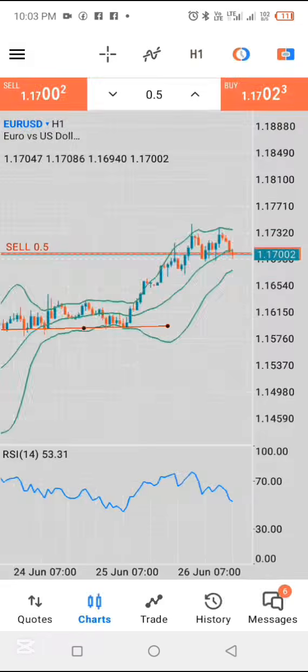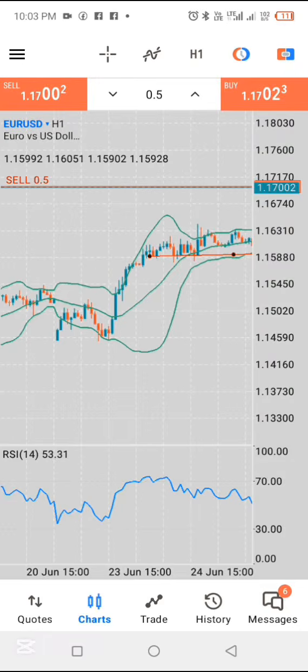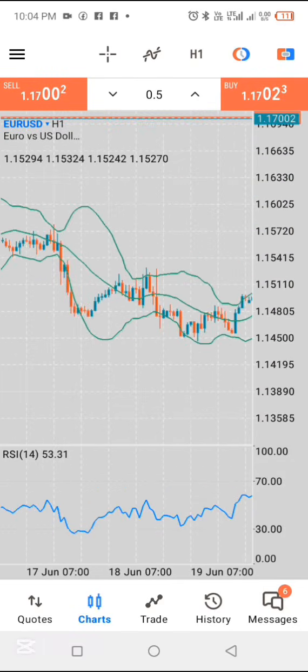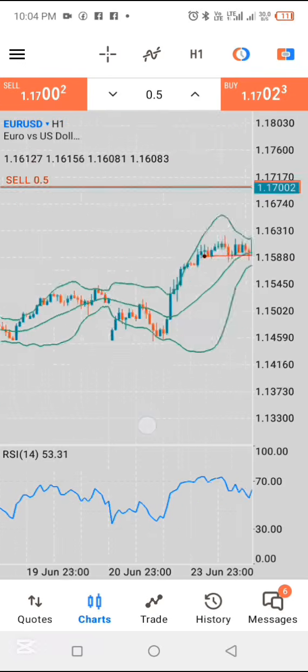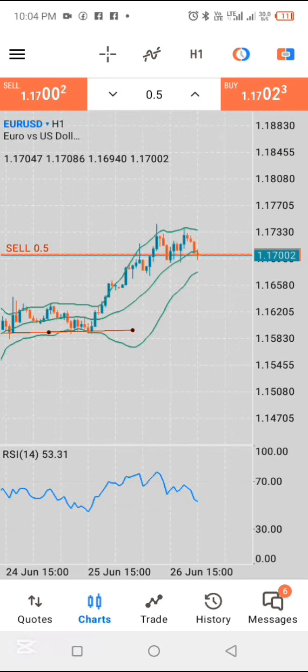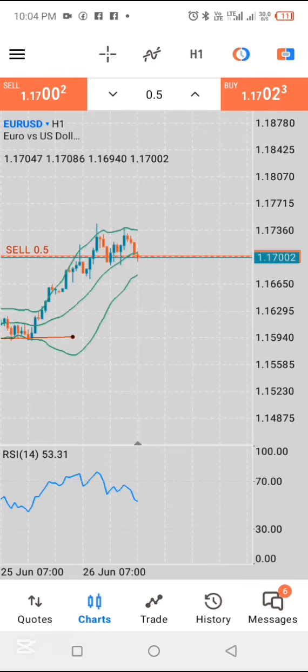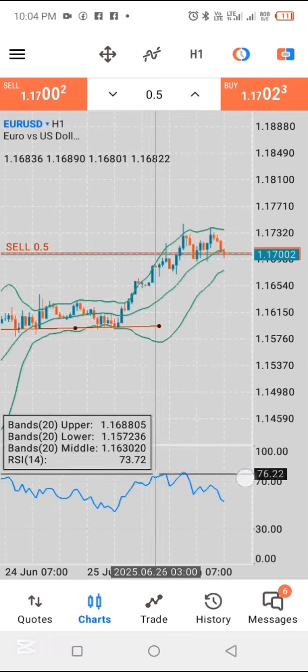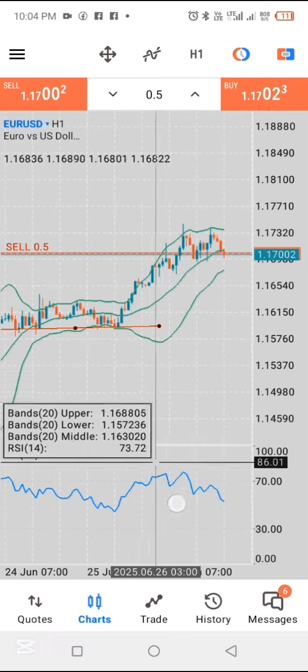Okay, now let's look at it and see when it corresponds. My lines are not showing well. So let's see regions where this coincides with overbought and oversold.